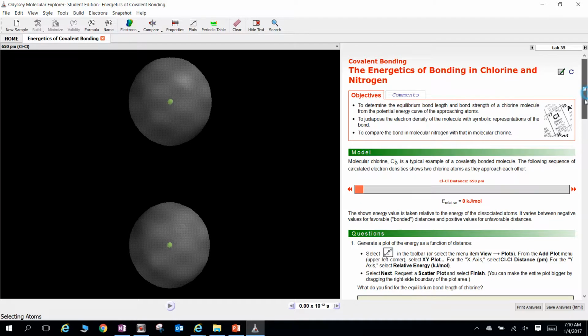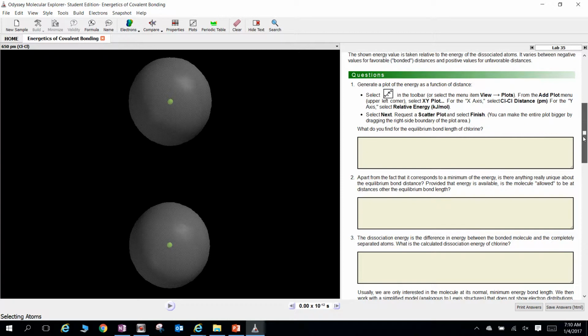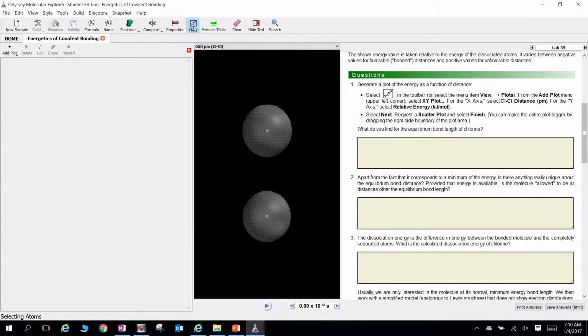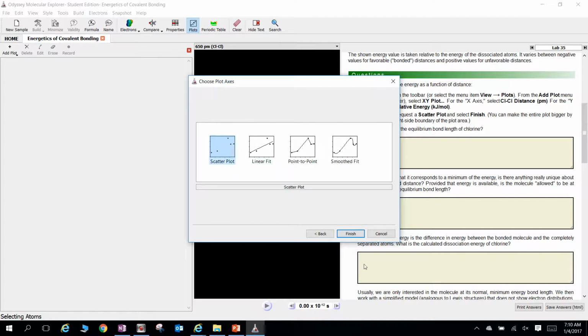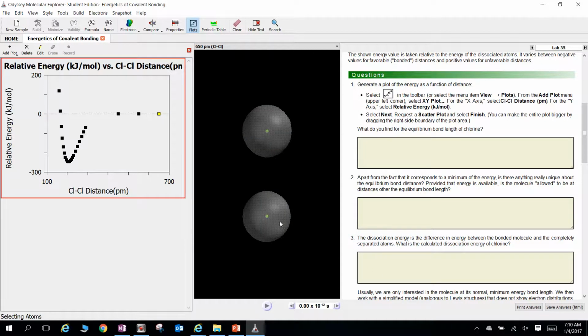So let's go ahead and scroll down to the directions here. We can add a plot, add plot, XY. It said we wanted to do the CL distance versus the relative energy. Choose scatter plot, it said.